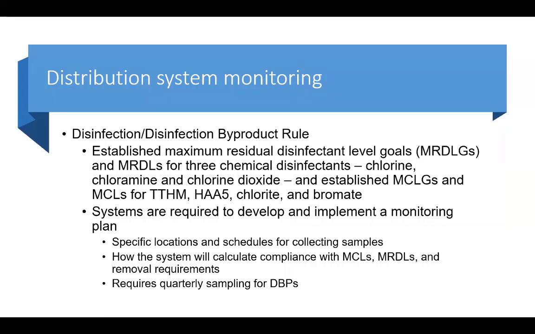So I mentioned previously that we monitor for disinfectant byproducts. Under the disinfection byproduct rule, community water systems are required to monitor both disinfectant levels, and there are established maximum residual disinfectant level goals and maximum residual disinfectant levels.